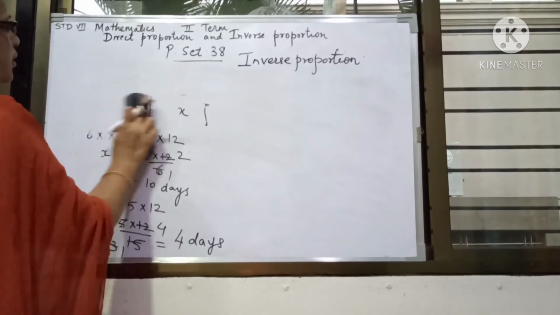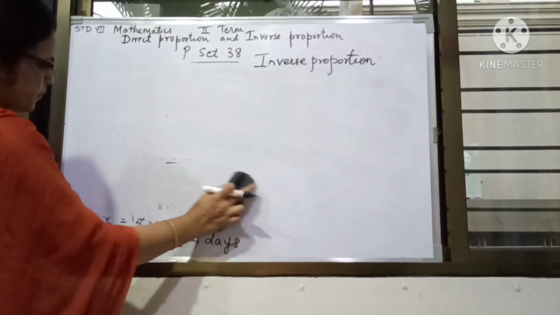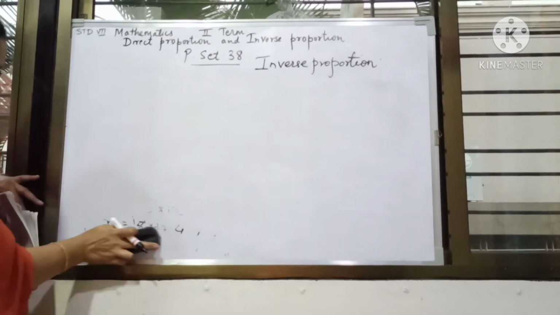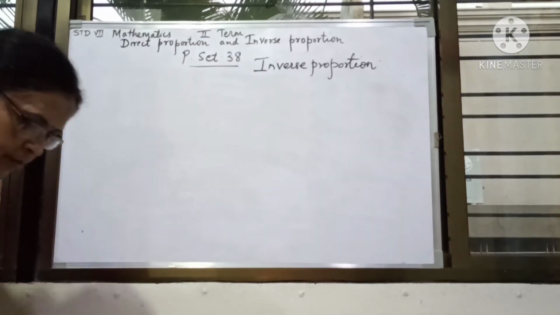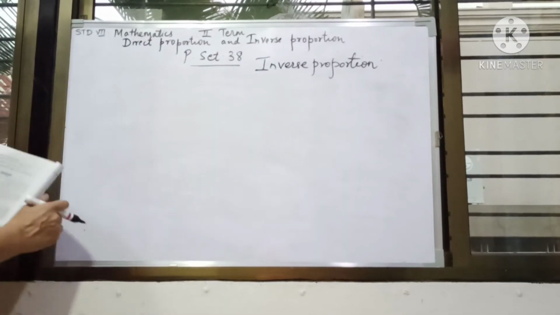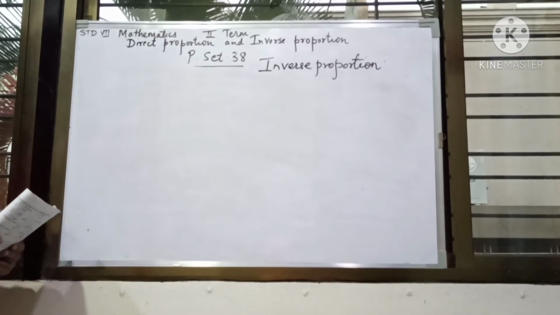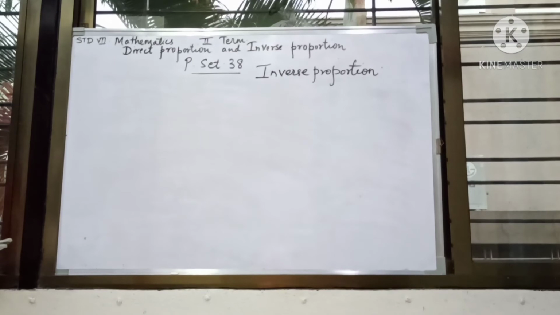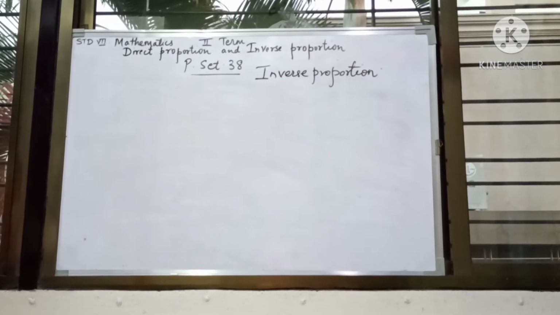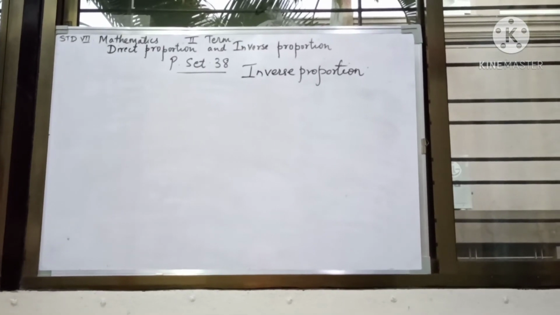Now we will solve the next sum. Second sum, Mohan Rao took 10 days to finish a book, reading 40 pages every day.